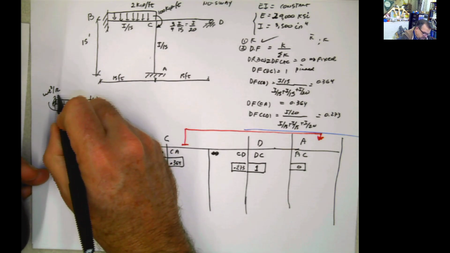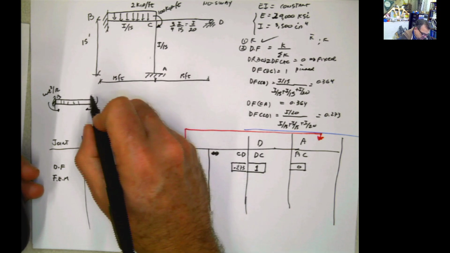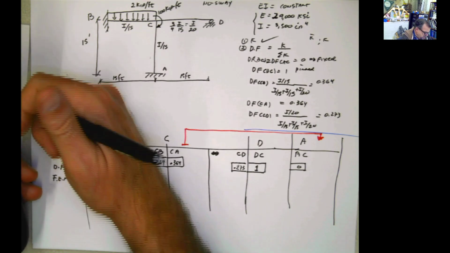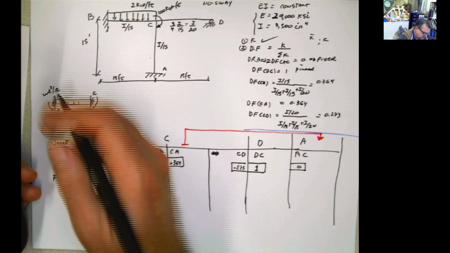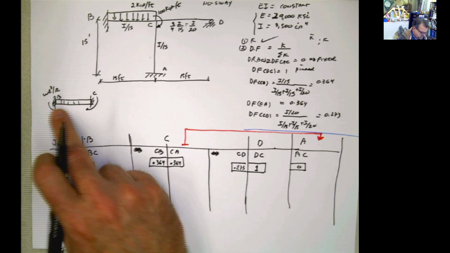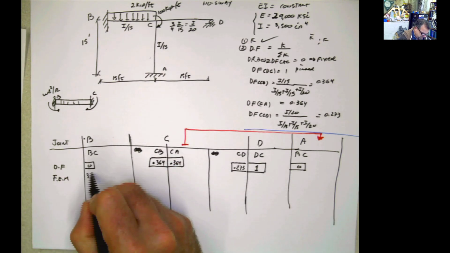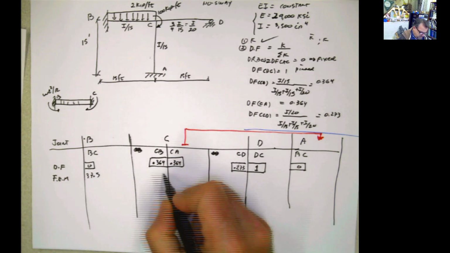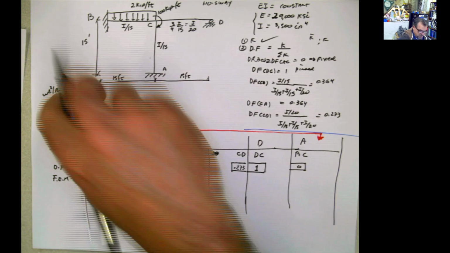If this is B and this is C, this one here is going to be a positive 37.5 moment, so BC is 37.5, but CB here will be negative 37.5.